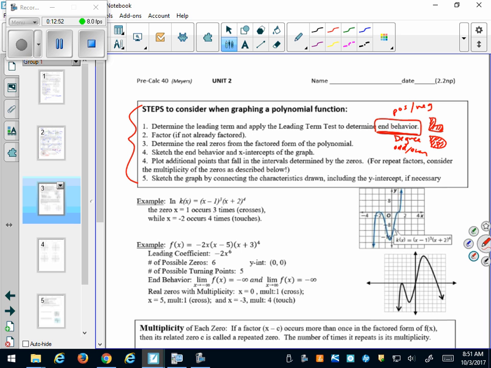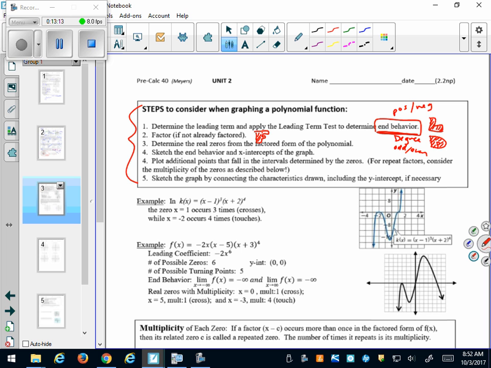So positive, negative, and odd or even. There's really two things to consider in that leading term. So I have my L for the leading coefficient and my D for the degree, but it all comes from that first term. Okay? The next thing you want to do is factor.